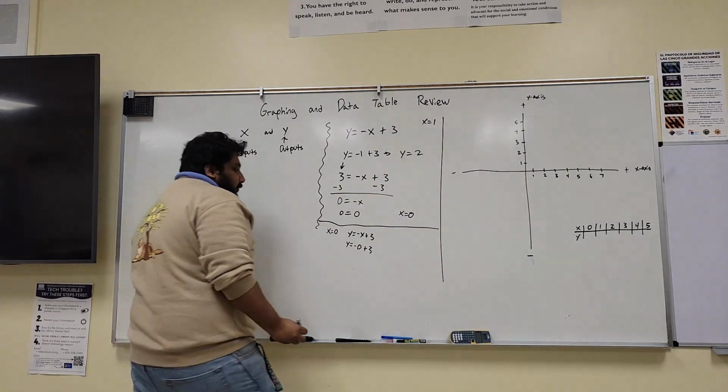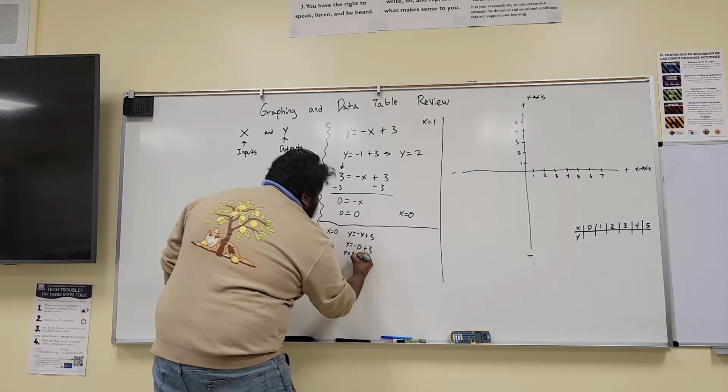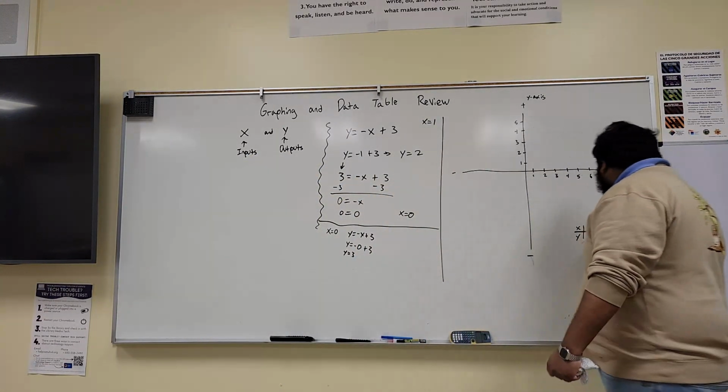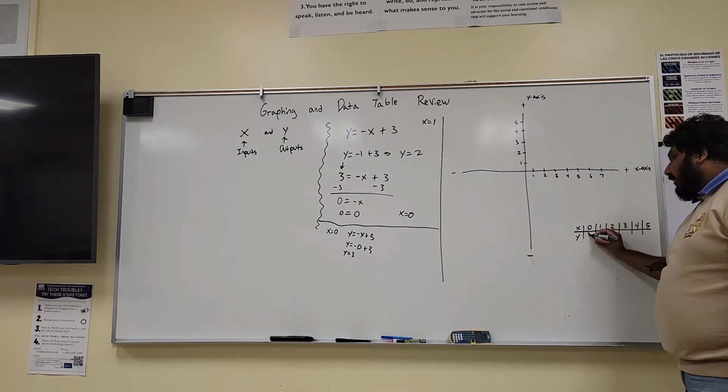It's the same thing because we already did this. We get that y is equal to 3. So when x is equal to 0, we'll say that y is equal to 3 because we solved for it.